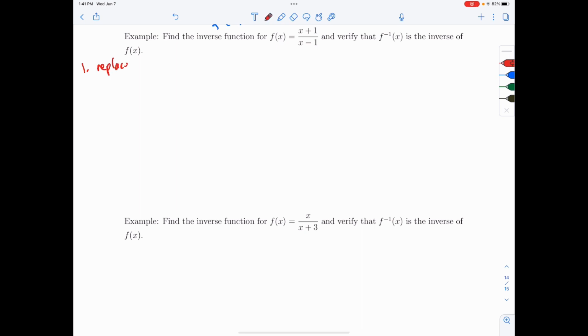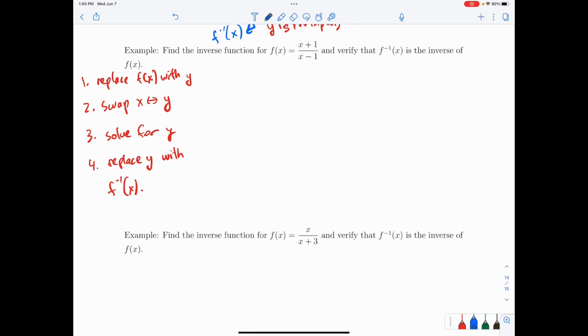Replace f of x with y, and then we're going to swap x and y. Then we solve for y, and lastly replace y with the inverse notation.